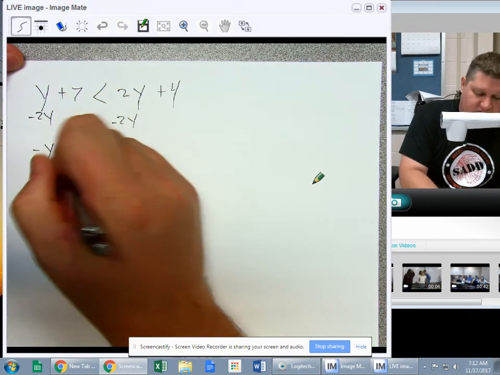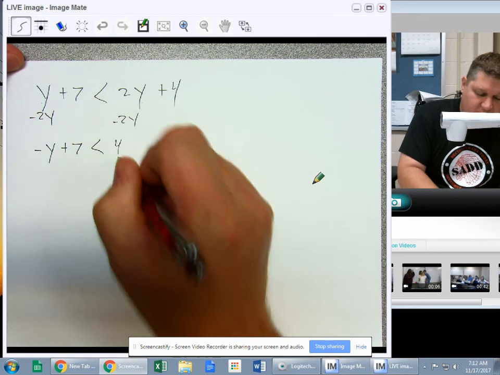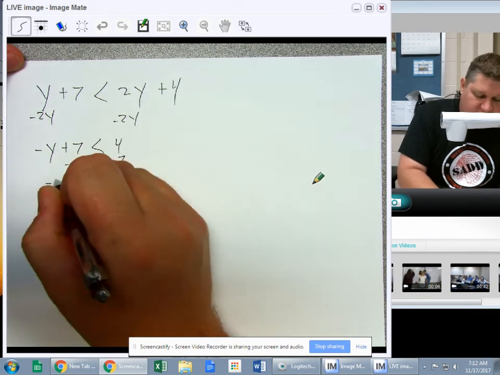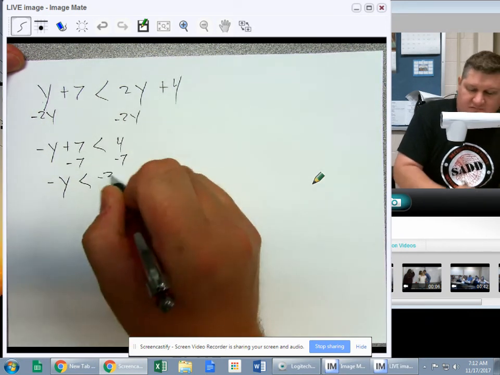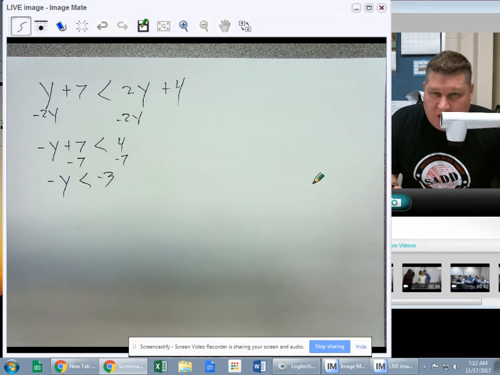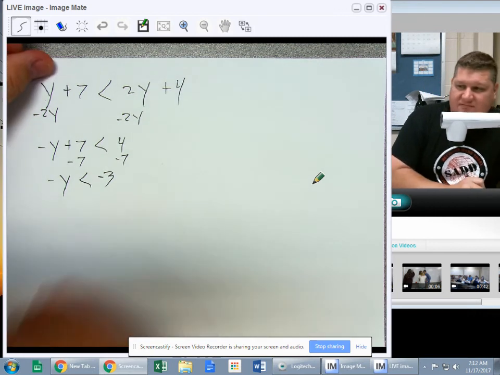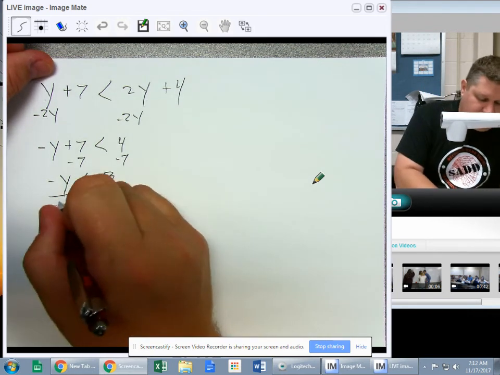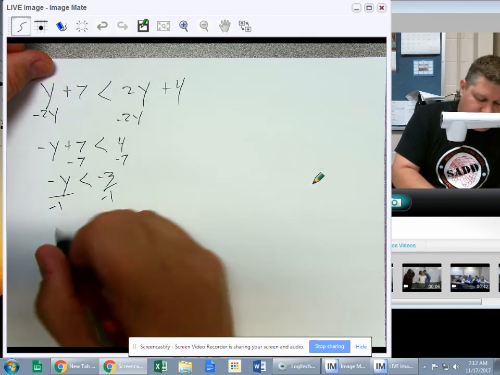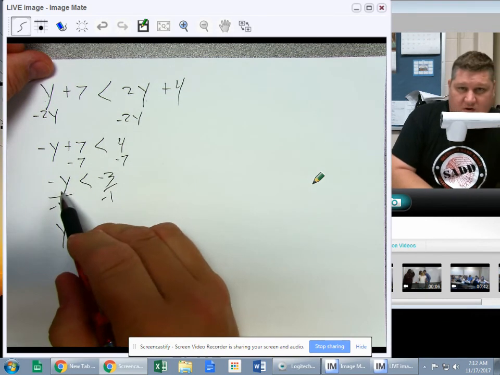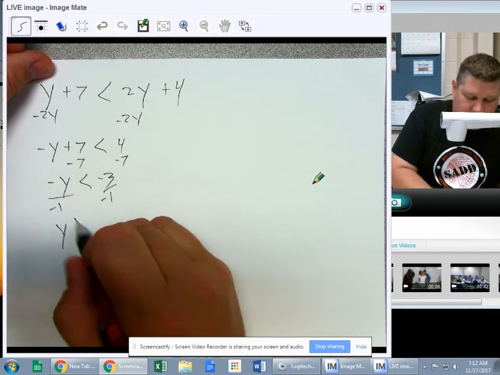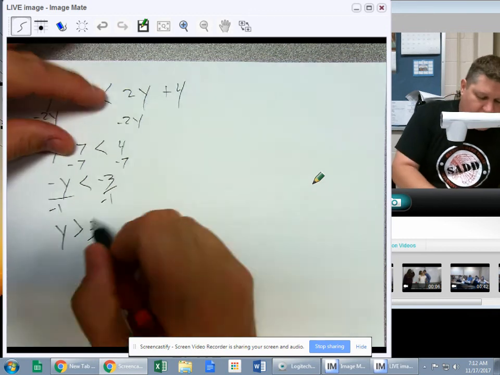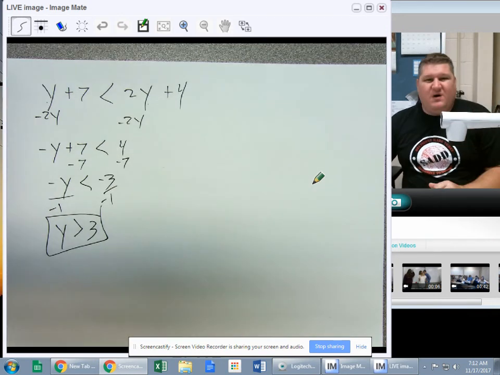That gives me negative y plus 7 is less than 4. Minus 7, negative y is less than negative 3. Is everybody cool with that? Because again, it's just solving. But what do I have to do to get y by itself? I have to get rid of that negative, so I'm going to divide by negative 1 or multiply by negative 1. It makes no difference. But when I do it, what do I have to do? Switch the sign. So y is greater than 3.